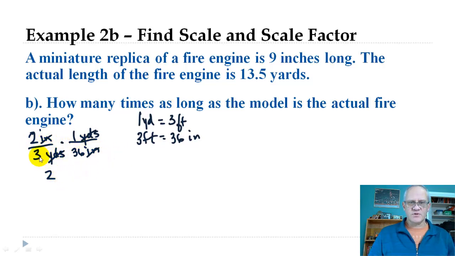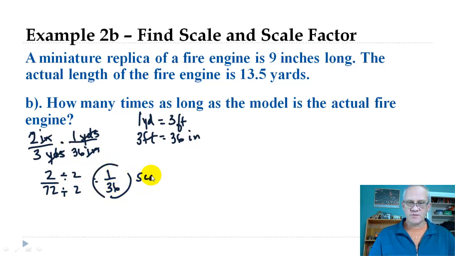And on the bottom, 3 times 36, which would be 72. And then we could reduce this, right? Just divide by 2. So this will be 1/36. This is our scale factor.